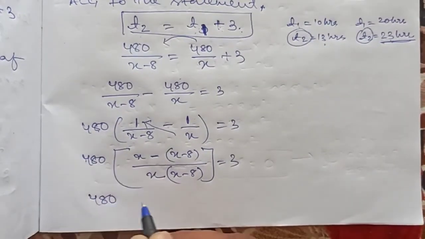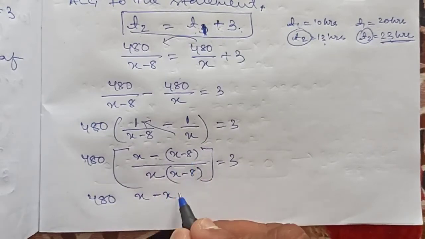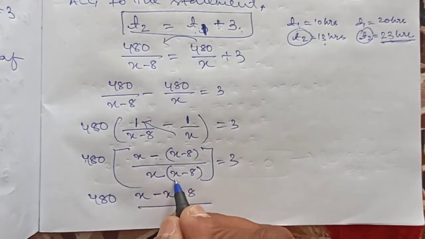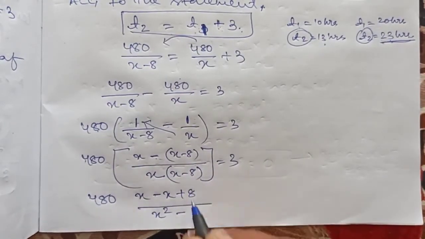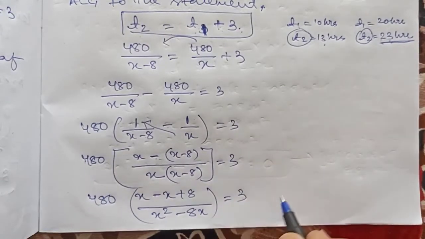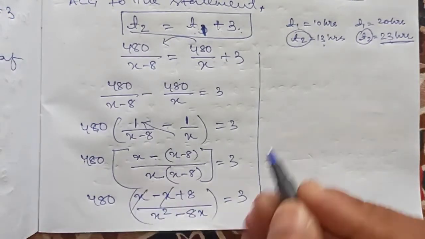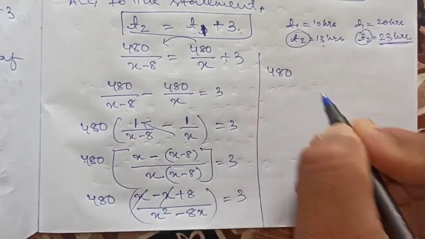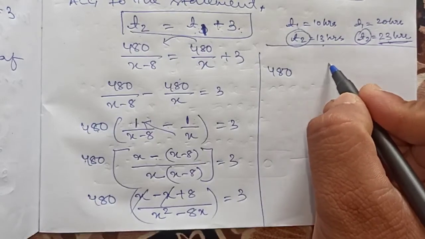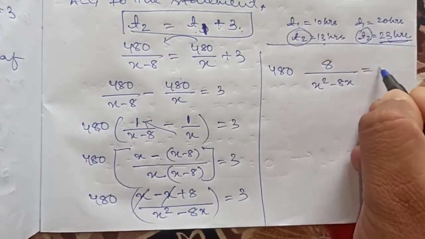Okay, 480 times x minus (x minus 8), that is x minus x plus 8, divided by x into x is x square, x into 8 is 8x, equals 3. Now x cancels. 480 into 8 by x square minus 8x equals 3.